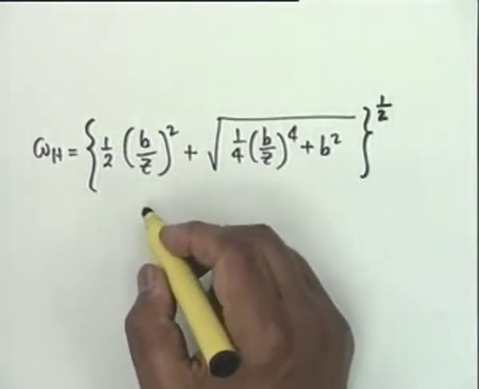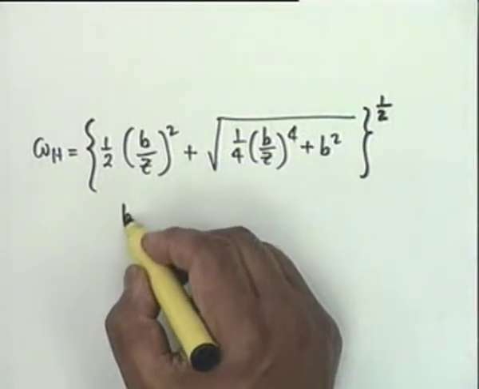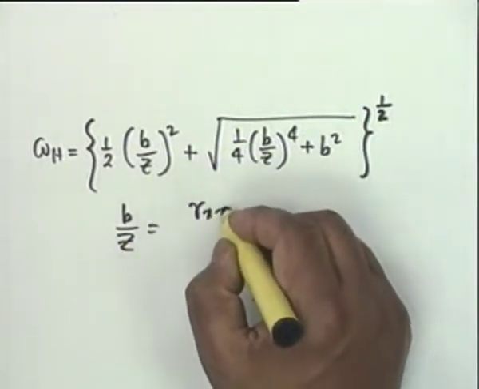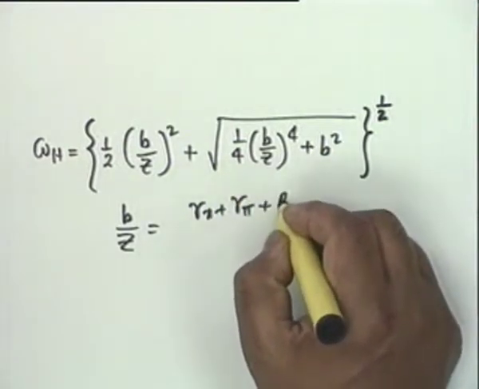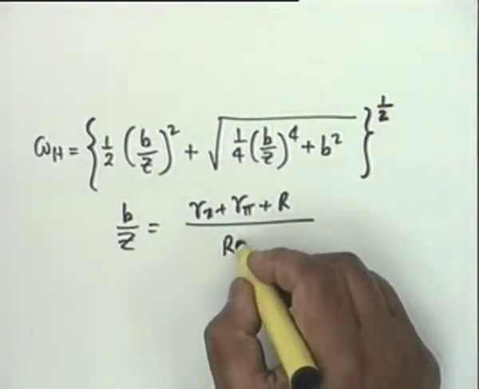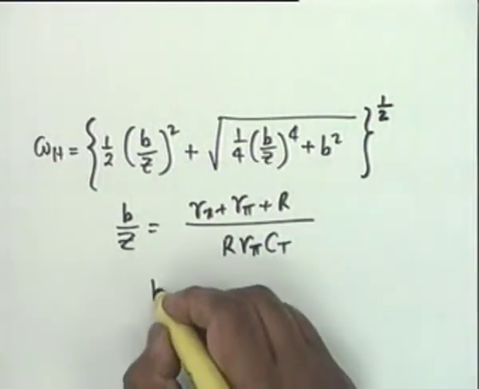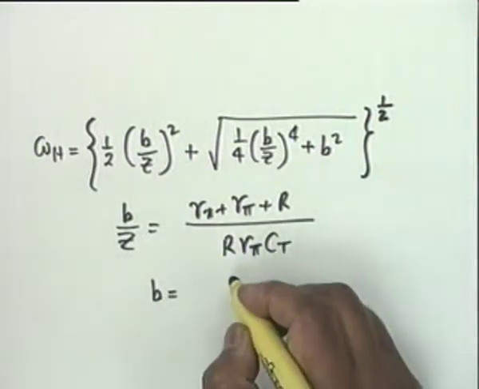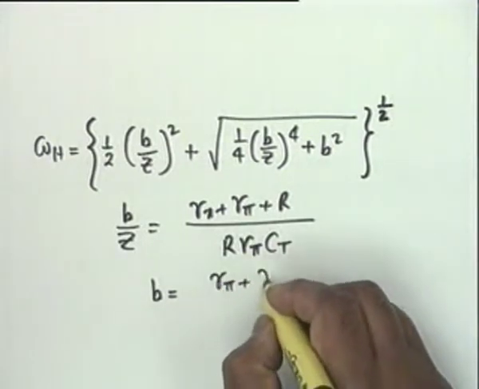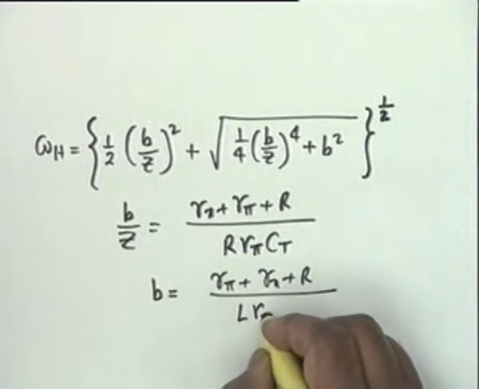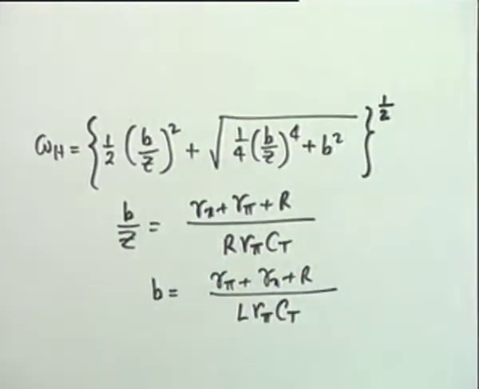And one should remember that b by z is equal to rx plus r pi plus r divided by r pi ct, and one should also remember the value of b, which is r pi plus rx plus r divided by l r pi ct, okay.